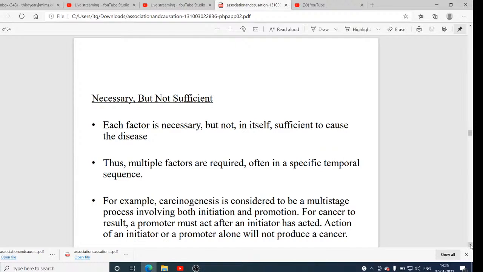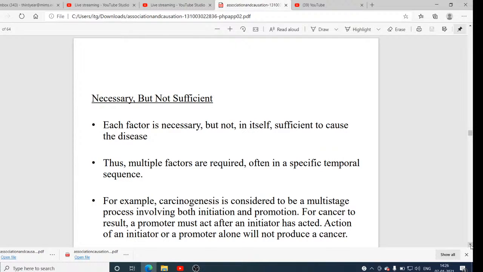For example, carcinogenesis is considered to be a multi-stage process involving both initiation and promotion. For cancer to result, a promoter must act after an initiator has acted. Action of an initiator or a promoter alone will not produce the cancer.